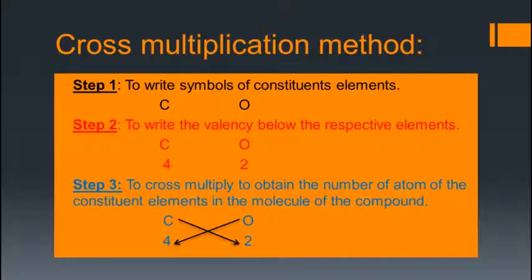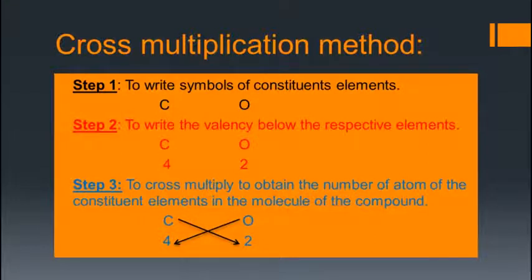Step number 3: cross multiply to obtain the number of atoms of the constituent elements in the molecule of a compound. That means, students, here you can see two arrows for cross multiplication: C with 2, and the arrow joining oxygen and 4.